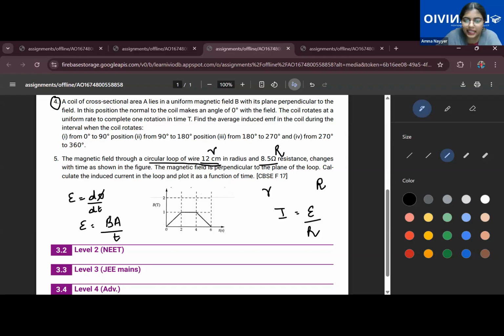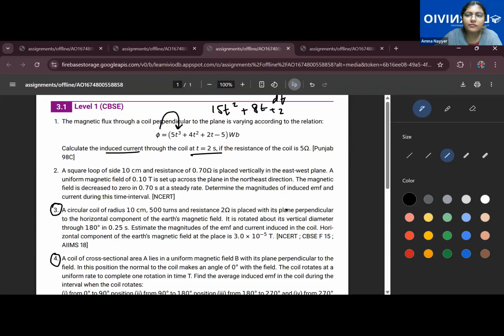So basically magnetic field versus time has been plotted. When you divide it by the resistance, you get the current. So if you take the slope of the graph, that will give you the EMF because B and T are getting divided. Magnetic field and time, they are getting divided. So through the slope of the graph, we'll get EMF. Resistance is a constant term. Whatever graph you get here will be exactly the same for the current. That's what the question said here.